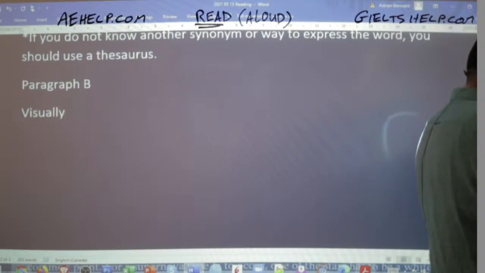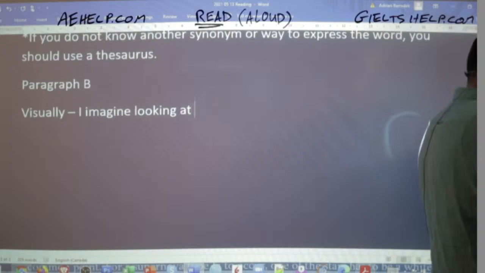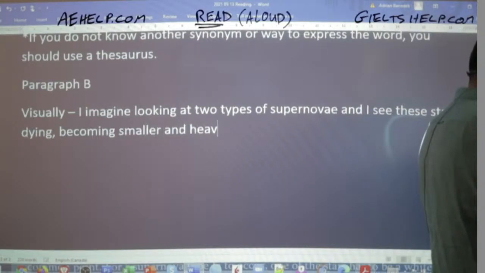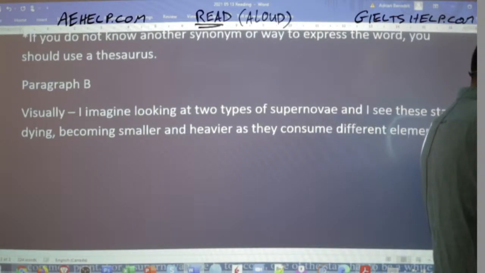visually, okay, I imagine looking at 2 types of supernovae, and I see these stars dying, becoming smaller and heavier as they consume different elements.